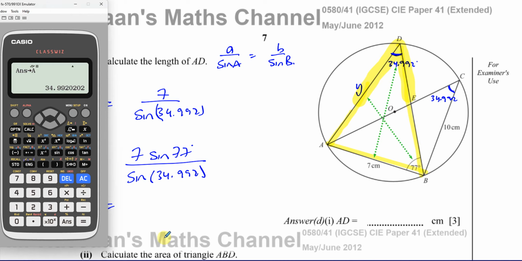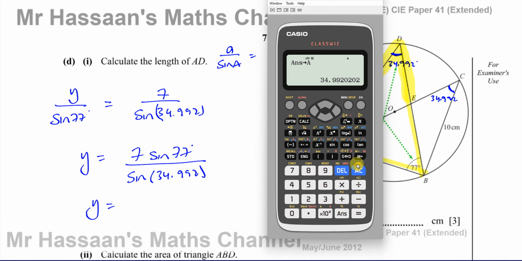So let's take the calculator again. Okay, so I have 7 times the sine of 77 divided by the sine of, and I already stored my answer as A, so I'm going to press alpha A, and it will give me the answer A. Sine A was my answer for this angle which we found earlier.